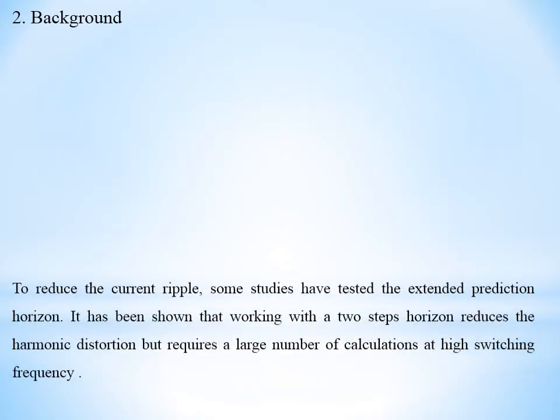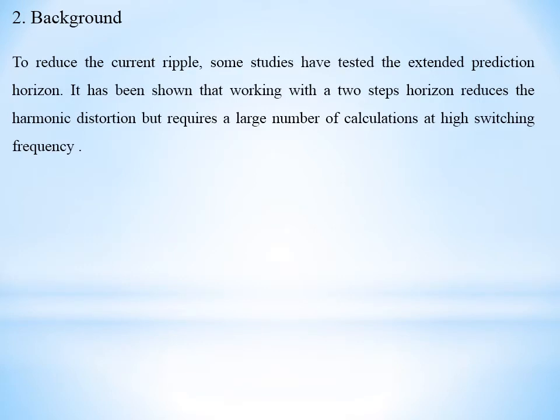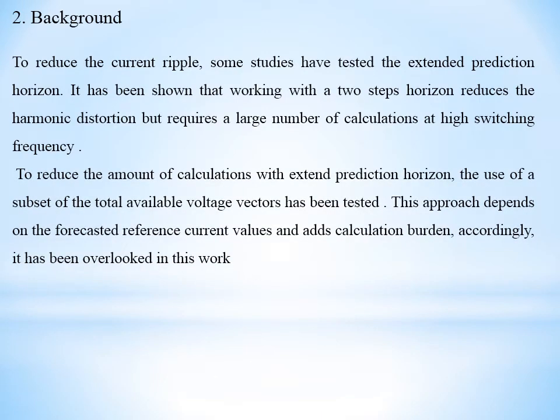Background. To reduce the current ripple, some studies have tested the extended prediction horizon. It has been shown that working with a two-step horizon reduces harmonic distortion but requires a large number of calculations at high switching frequency.